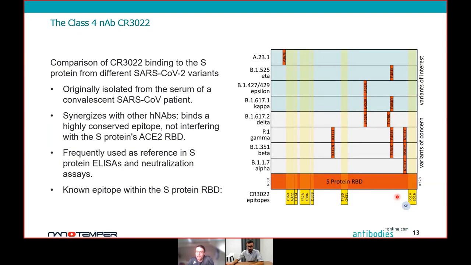Mutations in different variants are indicated in the rows above for each variant of concern in gray or variant of interest here in green. Based on the RBD's primary sequence, the epitopes of antibody CR3022 do not include any of the amino acid mutations in these variants. Simply speaking, in this representation, there's no overlap between these orange blocks and the yellow blocks.